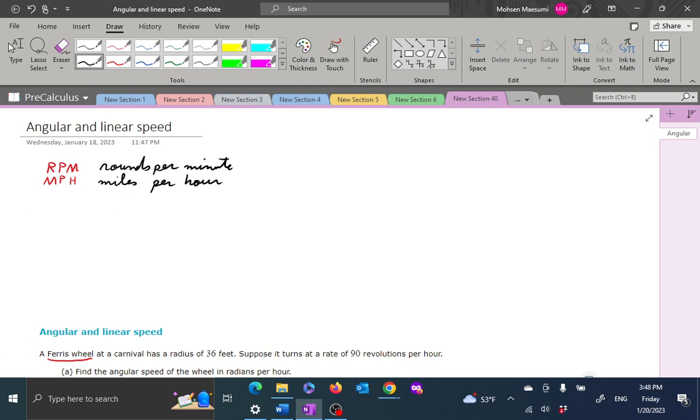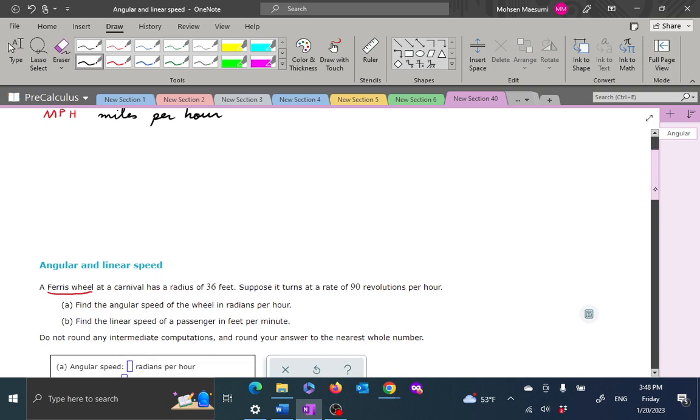These are two indications of speed. Rounds per minute is related to rotational speed, and miles per hour is for linear speed. Oftentimes these two are related to each other, and we are going to look at problems in this regard.